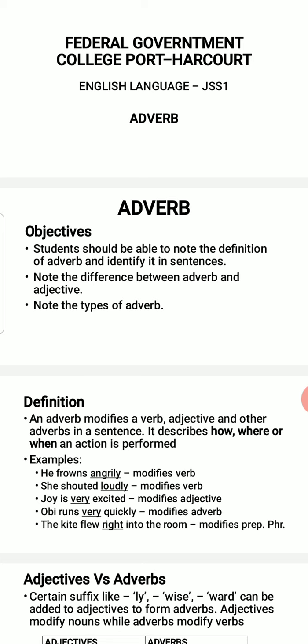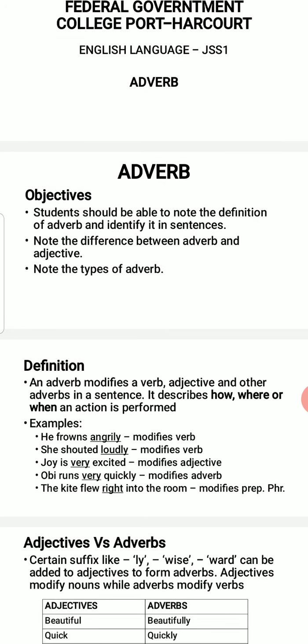I will equally want you to note the differences between adverbs and adjectives. And finally, I want you to note types of adverbs. There are about 7 of them in number, and they are not cumbersome. They are very, very simple things that you can note and identify and use.